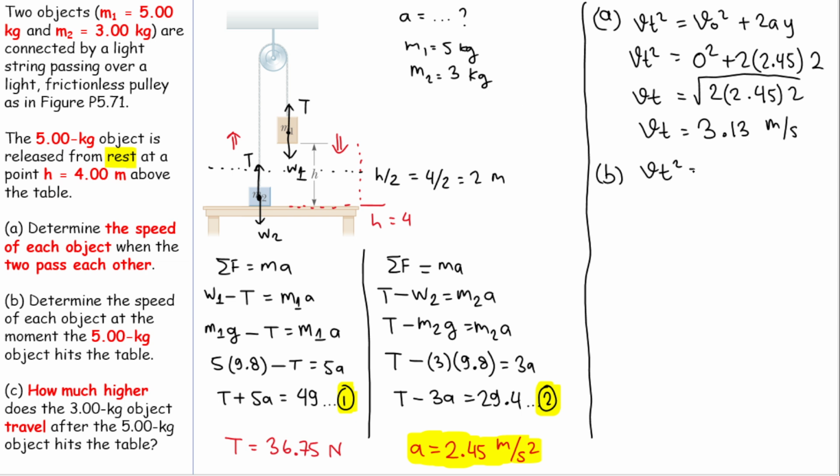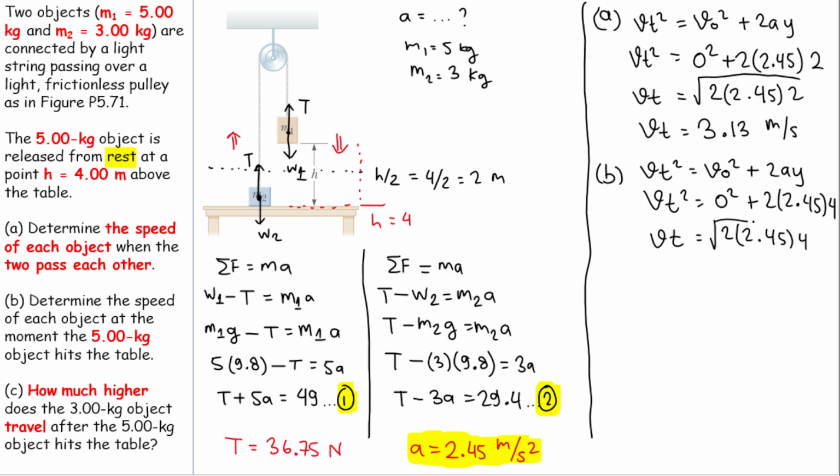Vt squared is equal to V0 squared plus 2ay. So I will have Vt squared is equal to 0 squared plus 2 multiplied by 2.45 multiplied by 4. Or we can have Vt is equal to the square root of 2 times 2.45 multiplied by 4.